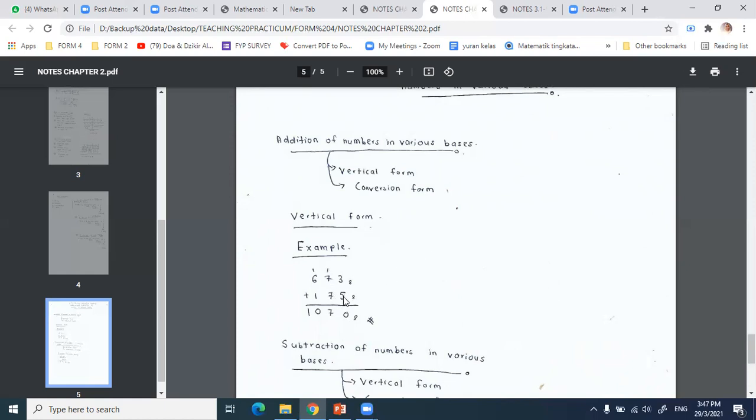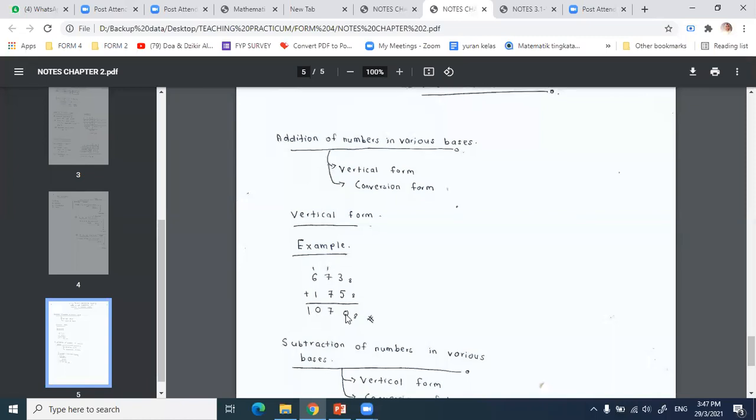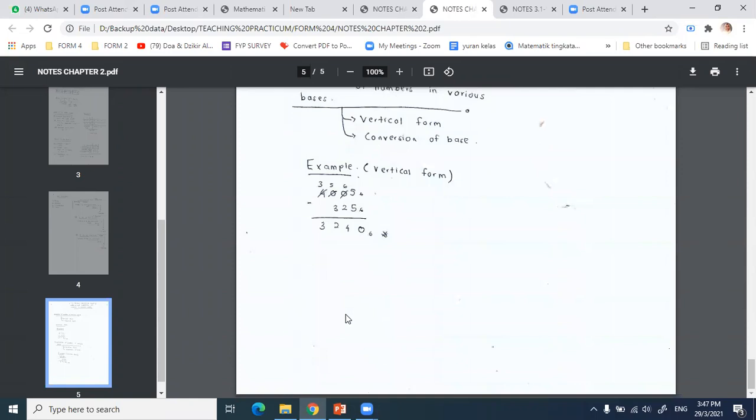But 15 minus 8, since it is in base 8, it will become 7. So this one, 6 plus 1 plus 1, it will become 8, then it will become 0. And then this is 1. Okay, so the answer is 1070 base 8. And this is the subtraction.